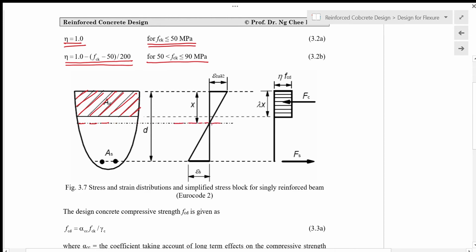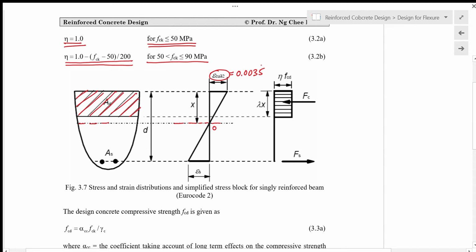You have zero strain here, and then you have maximum concrete strain epsilon Cu3 or epsilon Cu2. If we use Eurocode 2, for concrete strength of 50 megapascal or less, this is 0.0035.